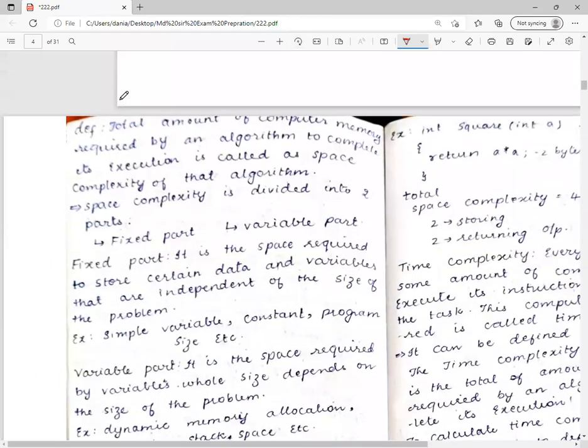The total amount of computer memory required by the algorithm to complete its execution is called the space complexity of the algorithm. Space complexity is divided into two parts: fixed part and variable part.